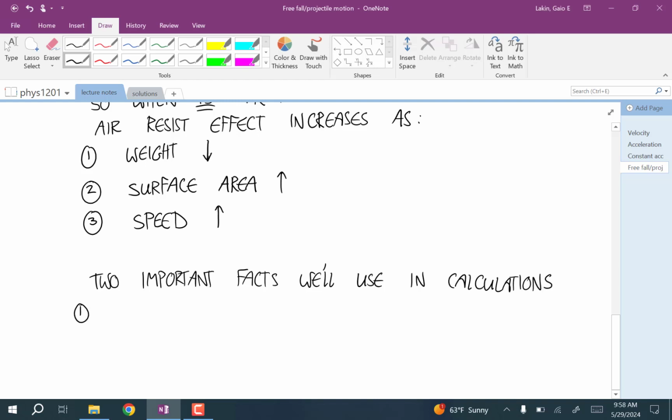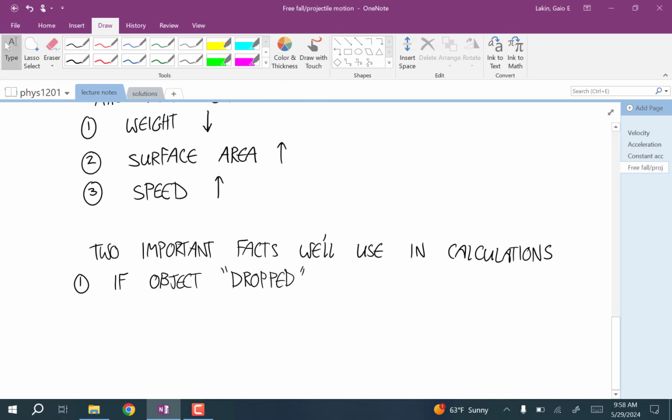The first one is if an object is dropped, rather than thrown or launched, then its starting velocity is the same as the velocity of whatever it's dropped from. So if it's dropped from an elevator that's moving up at a certain speed, at the instant it's released, its velocity is going to be the velocity of the elevator.